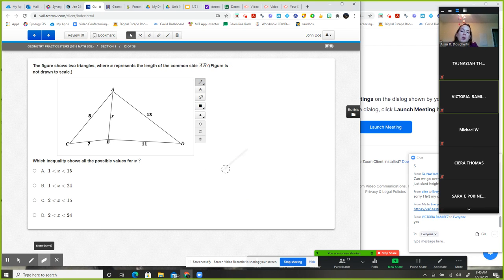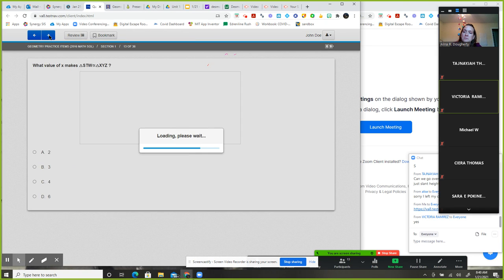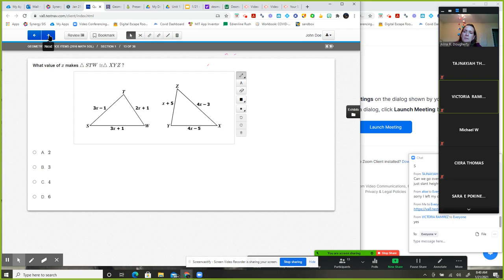TestNav has more hard problems than it has easy problems. This one, you would just do the same thing. You would mark everything you know. Notice that these are congruent. What's one equation I could set up here if these are congruent? What does ST go with?